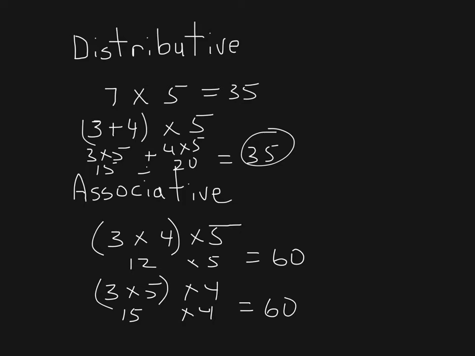And this only works with addition and multiplication, and it only works if it's all addition or all multiplication. If you have different operations interspersed in there, you can't use this property. But if I only have multiplication signs, then the things that are being multiplied, I can move around and regroup, and I'll still get the right answer.